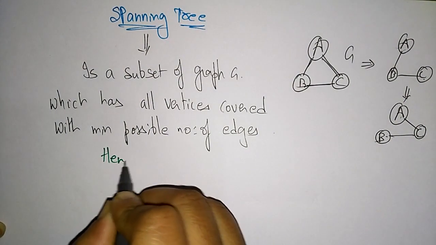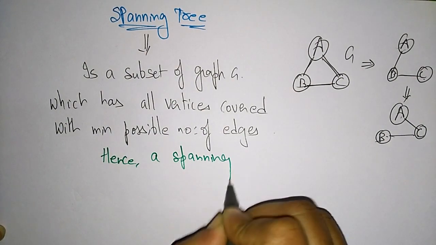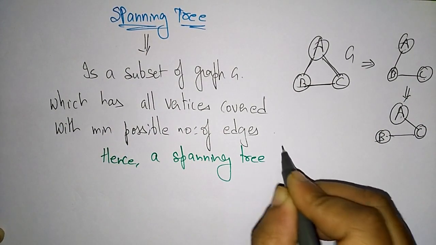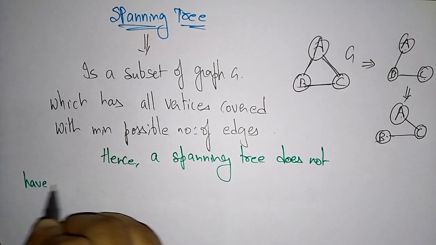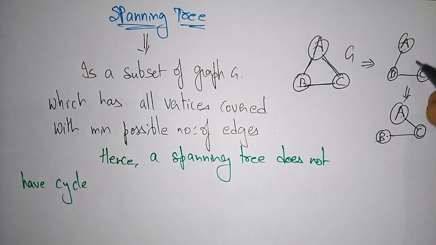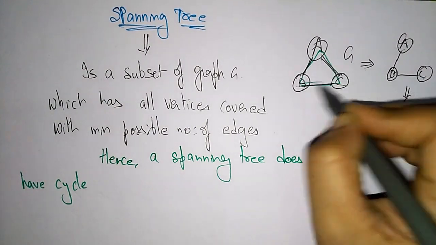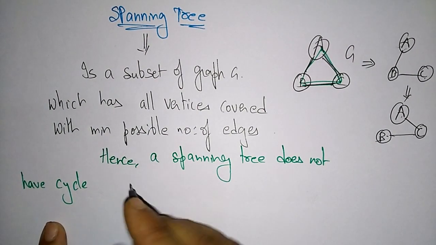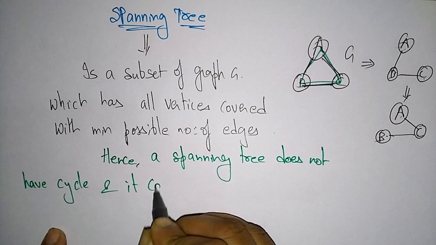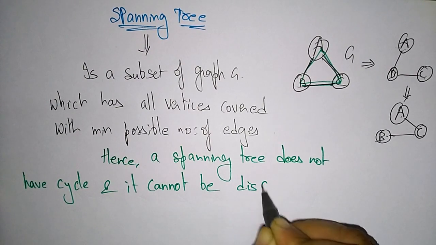Hence, a spanning tree does not have a cycle. Did you observe here that the spanning tree is not having a cycle, but the graph is having the cycle. Whereas a spanning tree does not have a cycle and it cannot be disconnected.